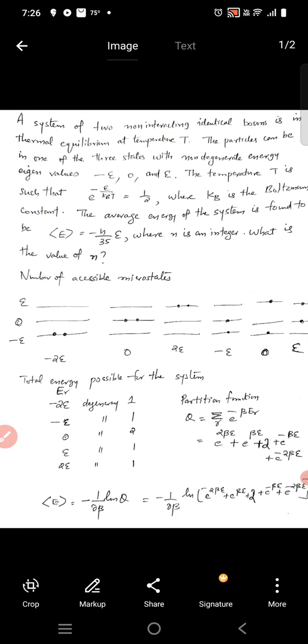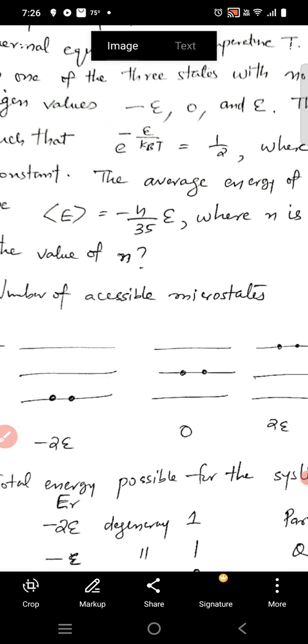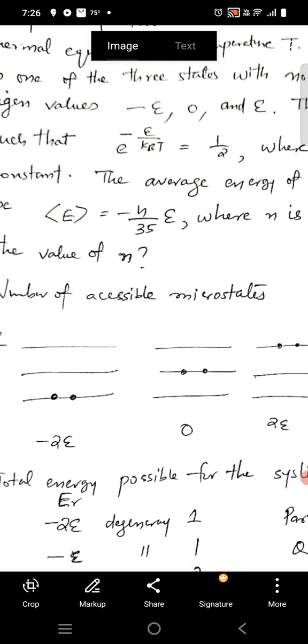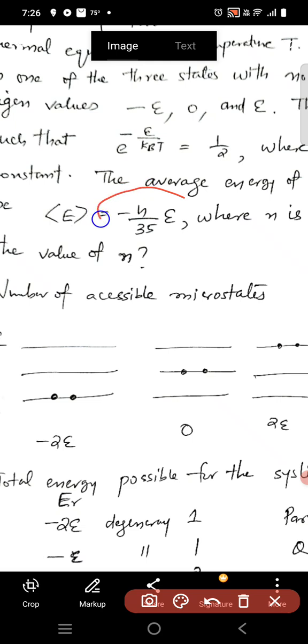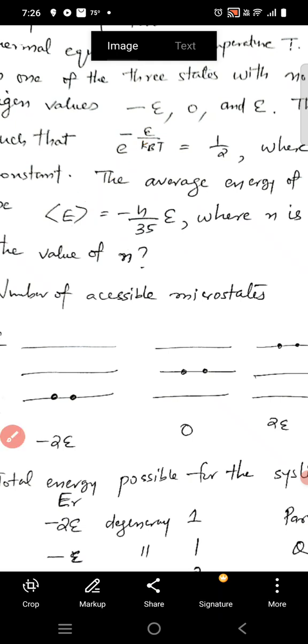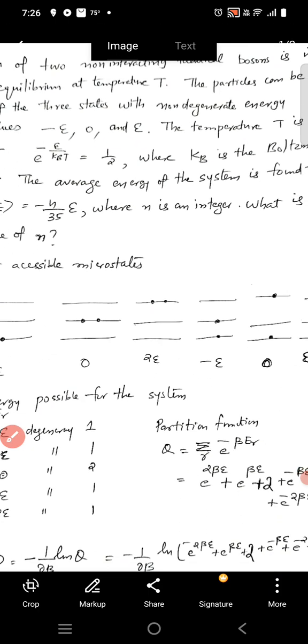The average energy of the system is found to be minus n by 35 epsilon. So this is the average energy when you calculate it, where n is an integer.